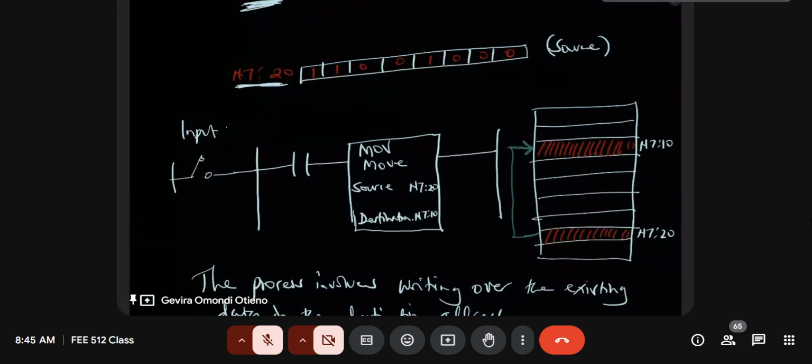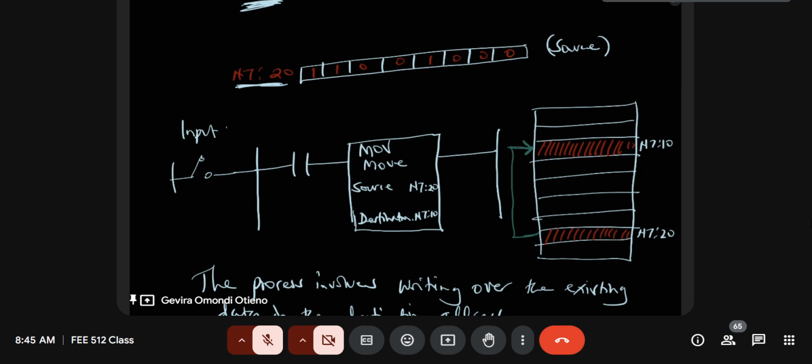A move operation can be compared to copy pasting in Microsoft Word. When you copy paste, the source address retains the data that was originally there. It is only the destination address that is written over.